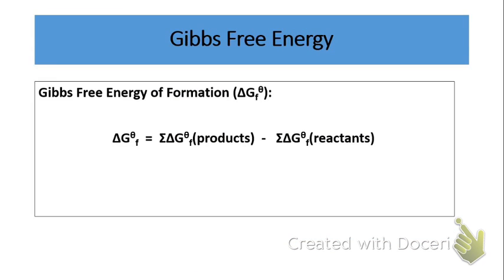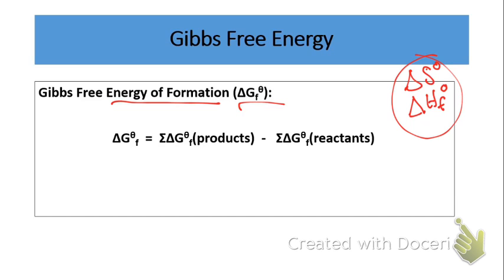There is another way to calculate delta G using what we call delta G of formation values, which we would find in a table, much like we've seen with delta S values and delta H values of formation, where we find those in a table.